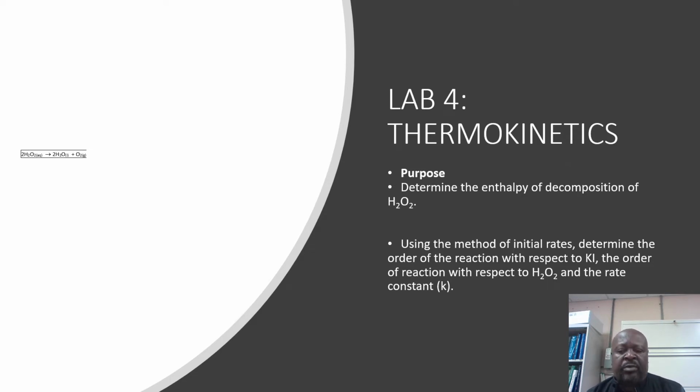So we have the decomposition of H2O2, hydrogen peroxide. That's what we're looking at, and we are using a thermochemical approach. So we need to determine first the enthalpy of decomposition of hydrogen peroxide and also the orders of reaction. In this case, we're going to use a catalyst, potassium iodide, because ordinarily that reaction is really slow.